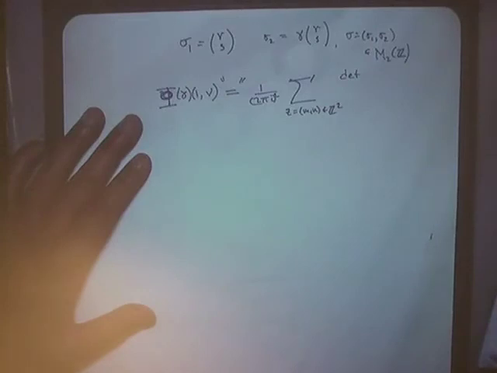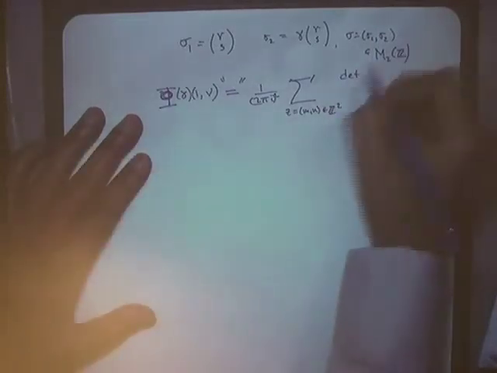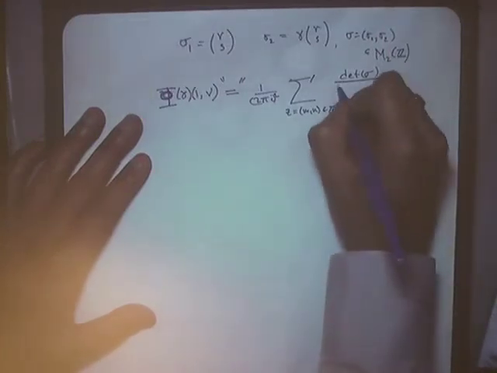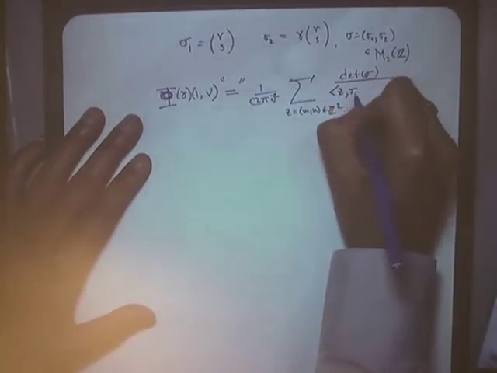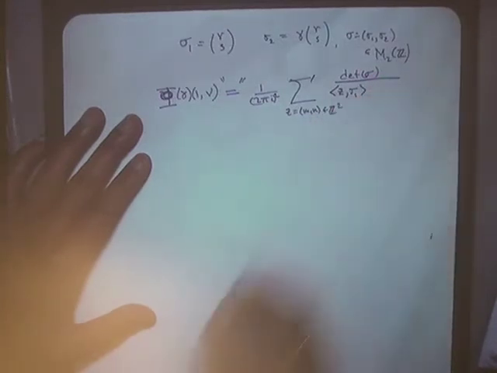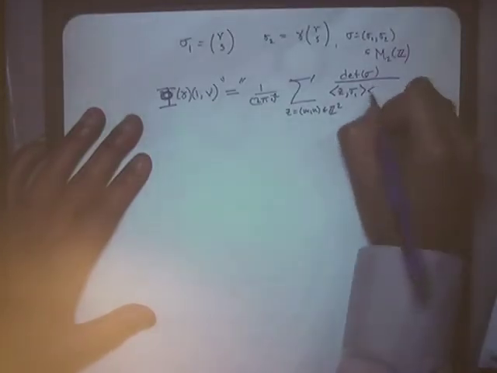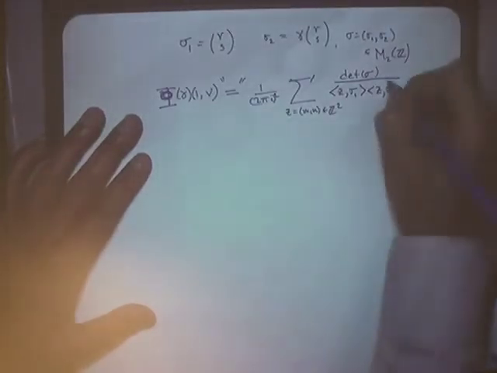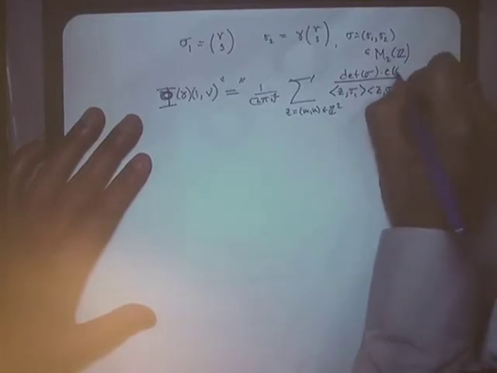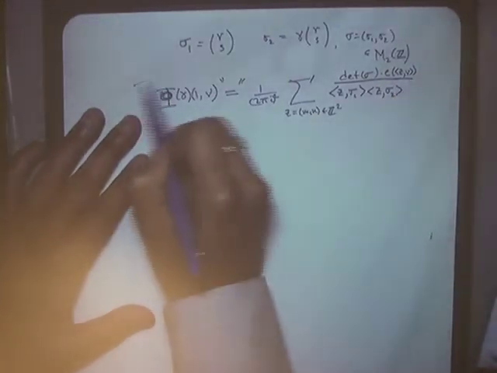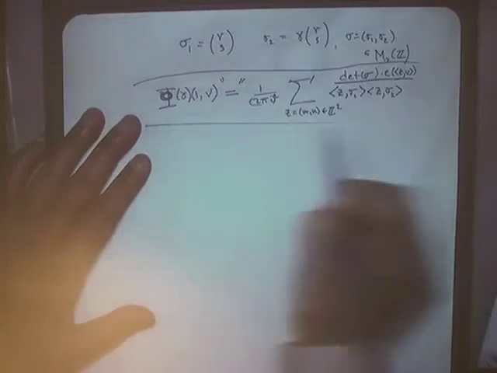This numerator turns out to be basically the determinant of this matrix σ, which is why I introduced it. The denominator is z inner producted with σ1 times z inner producted with σ2, where z is just this pair (m, n). Then I need my e term, which can now be written as z inner producted with v. So that's the definition that Czech wants to take of a cocycle.